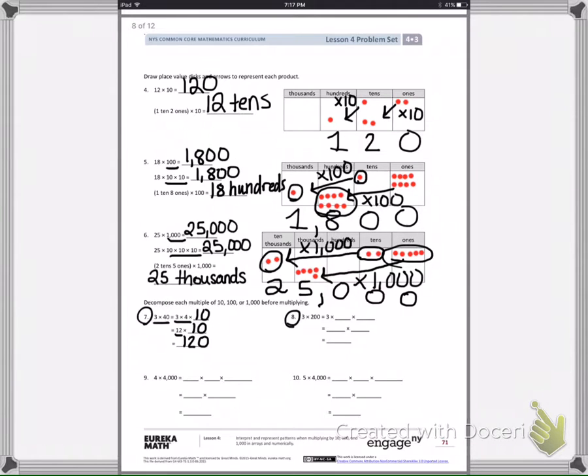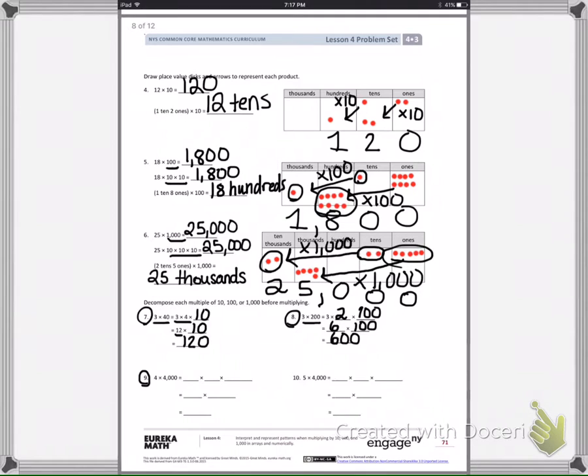Number 8. Here we have 3 times 200. It's the same thing as saying 3 times, let's pull apart our 200, 2 times 100. 3 times 2 equals 6 times 100. 6 times 100 equals 600.